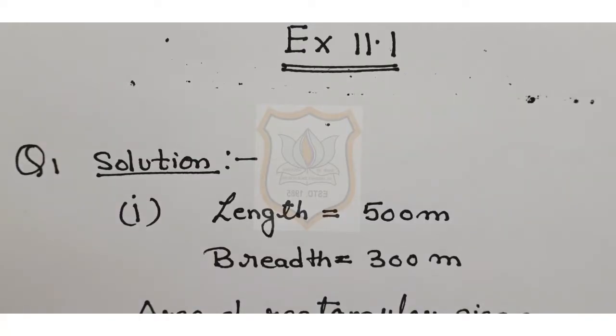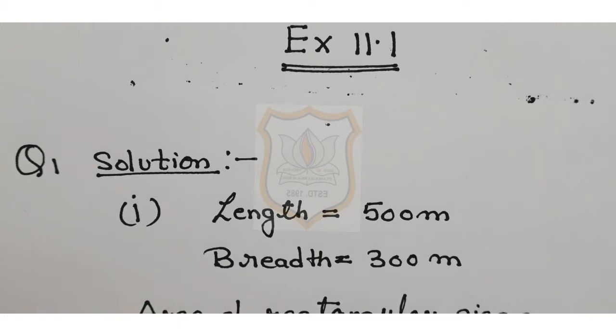This is the solution of question number 1, students. In the question, it is given that the length of that rectangular piece of land is equal to 500 meter, and breadth is equal to 300 meter. First part is you have to find out the area of the rectangular piece of land.